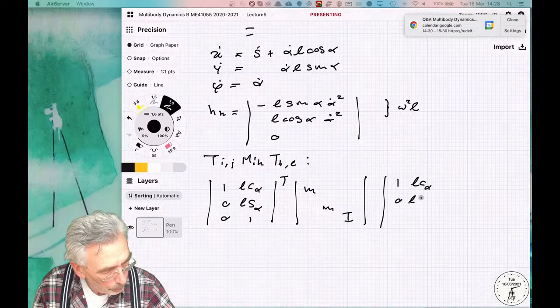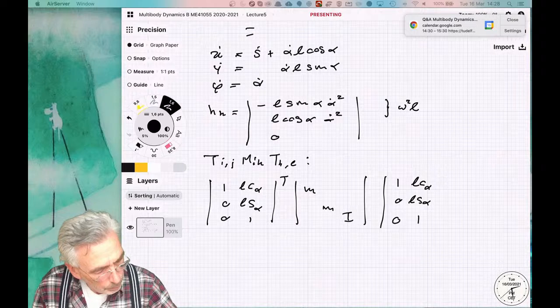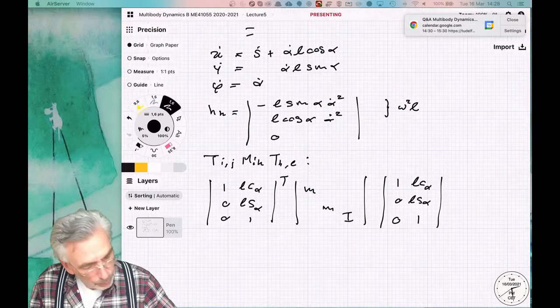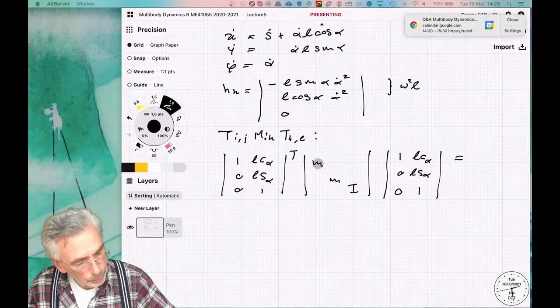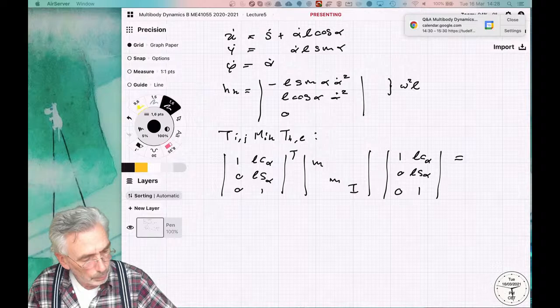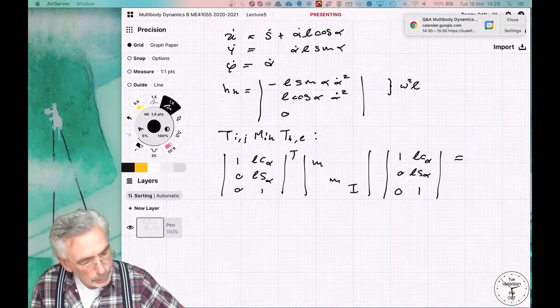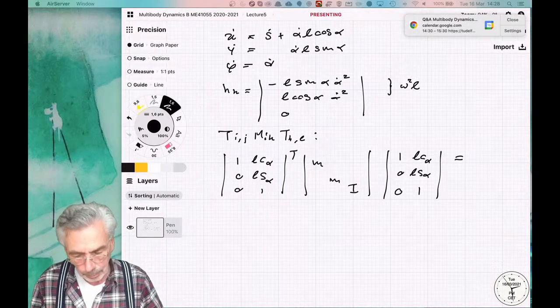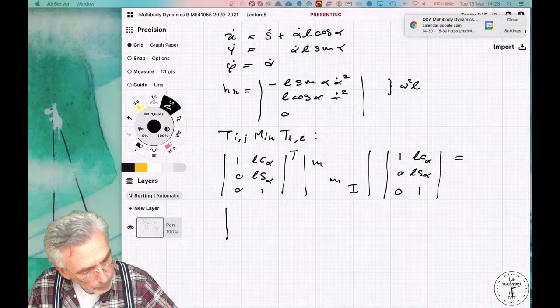And of course, in the end, we're going to do it with the computer, right? 0 1. So if we do that, then, in a quick way you could see, oh, this diagonal term only multiplies everything here. So the first with m, the second with m, and the last with I, and I can immediately take this multiplication thing. So then I can immediately say, oh yeah, that's true.